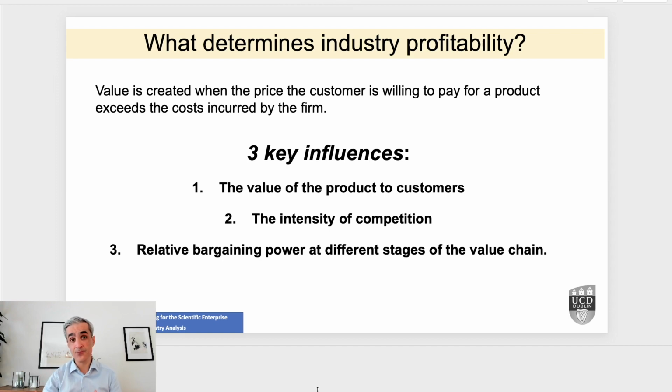The first one, we already talked about it in the topic on value, is the value of the product to the customers. The more important the product is to your customer, the more value it's going to have for them, and therefore, the more money you're going to be able to charge, the more profit you're going to make, the more essential it is to them.